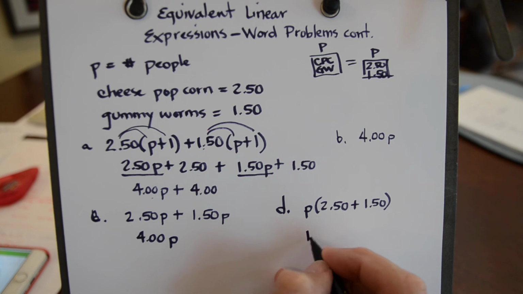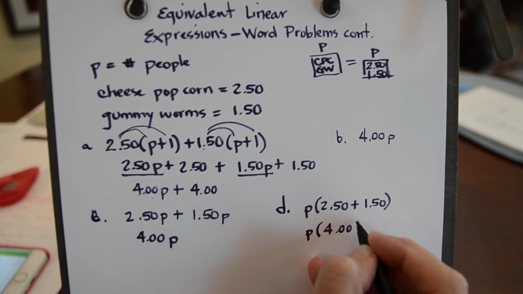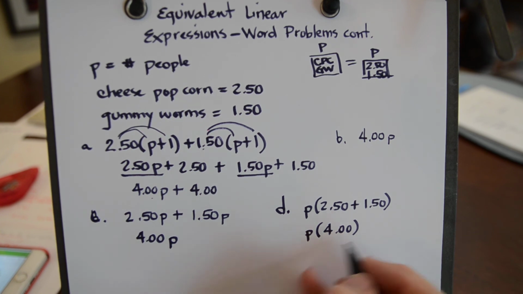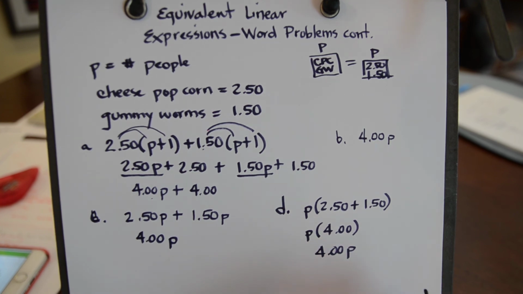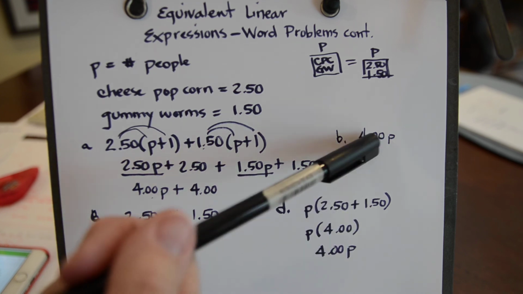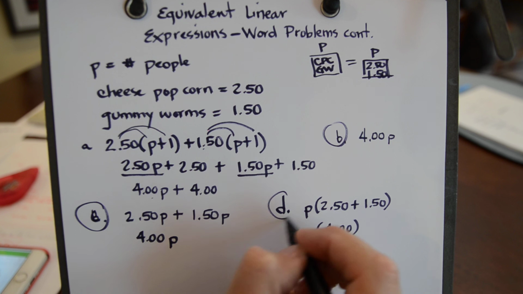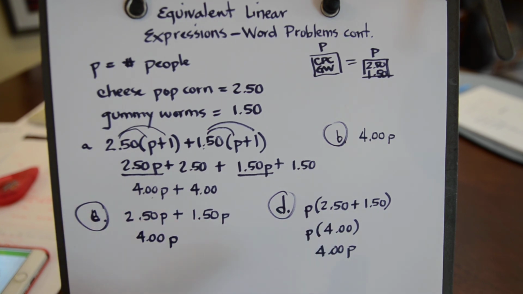So this would give me P times the number 4, $4. Then I can get rid of the parentheses, and it would look like $4P. At this point, I can see that these three are exactly alike. So in reality, these would be my answers to which of these expressions are equivalent.